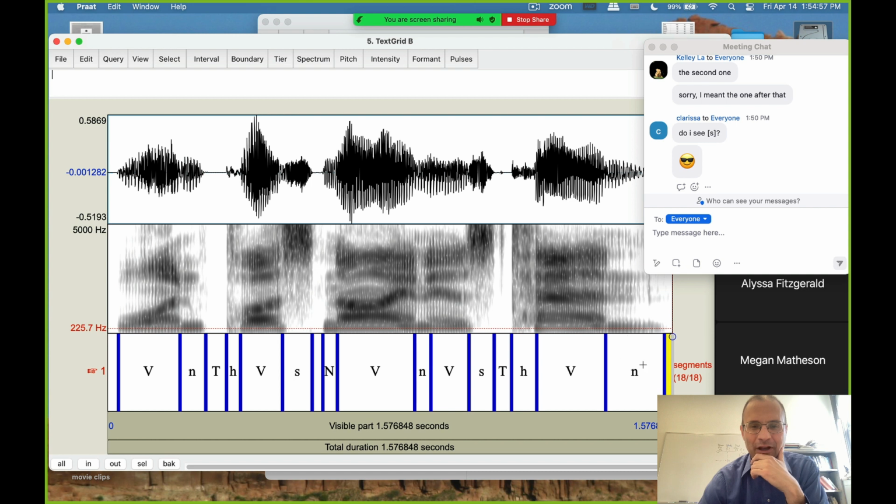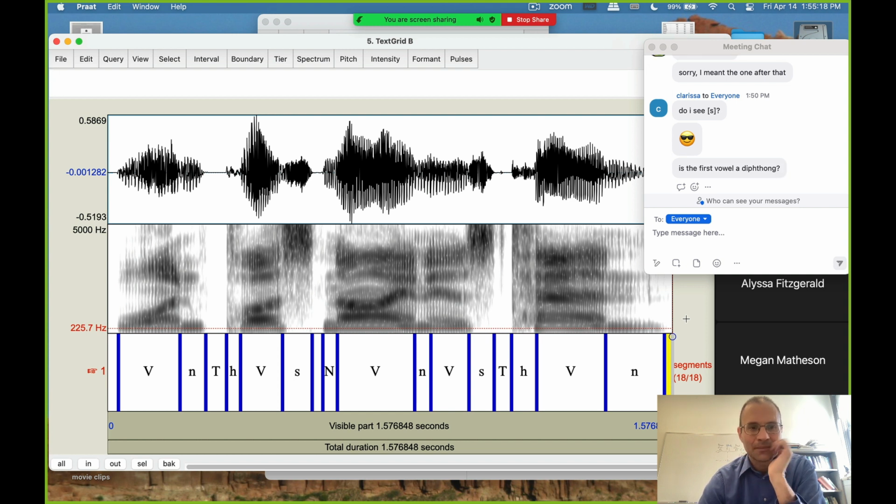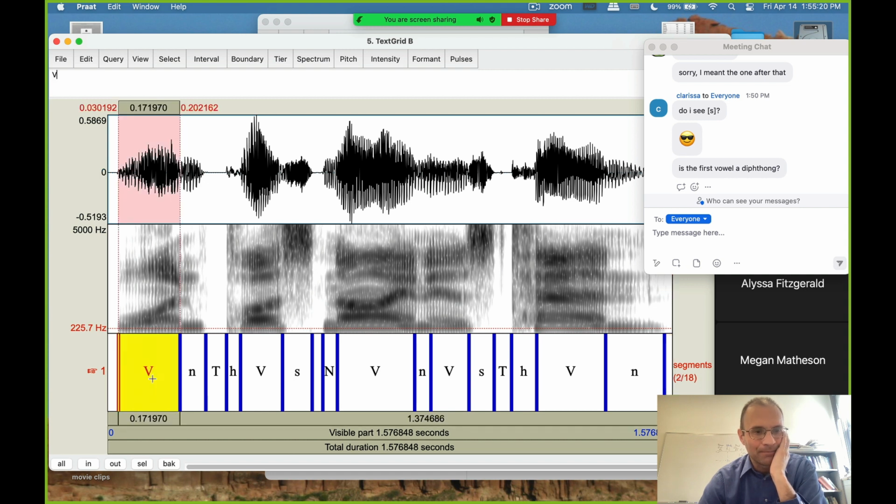I think at this point it might help to identify some of these vowels. Does anybody want to make a guess about some of these vowels? First vowel, a diphthong, sort of.